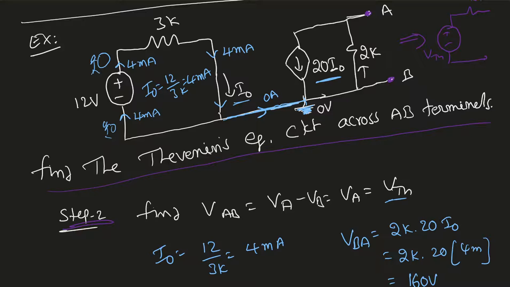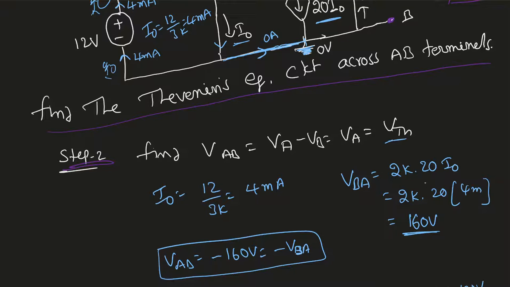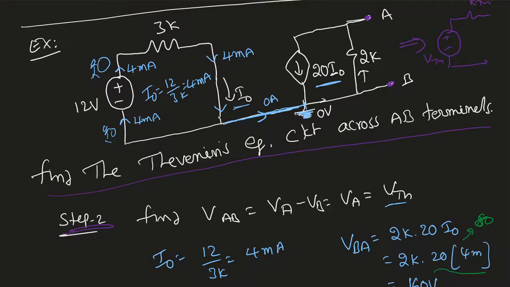Okay. Once we find I0, the current supplied by the source is 20 times 4 milliampere, which is approximately 80. Now to find the voltage: current is entering from here to this, so VB must be higher than VA.